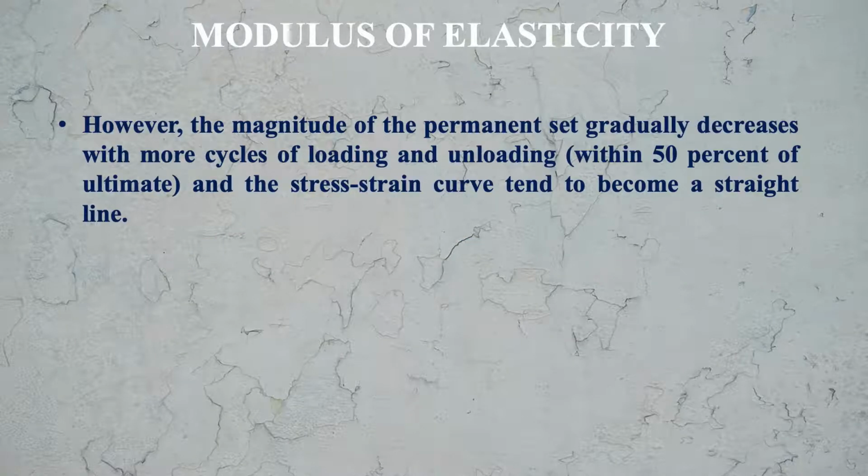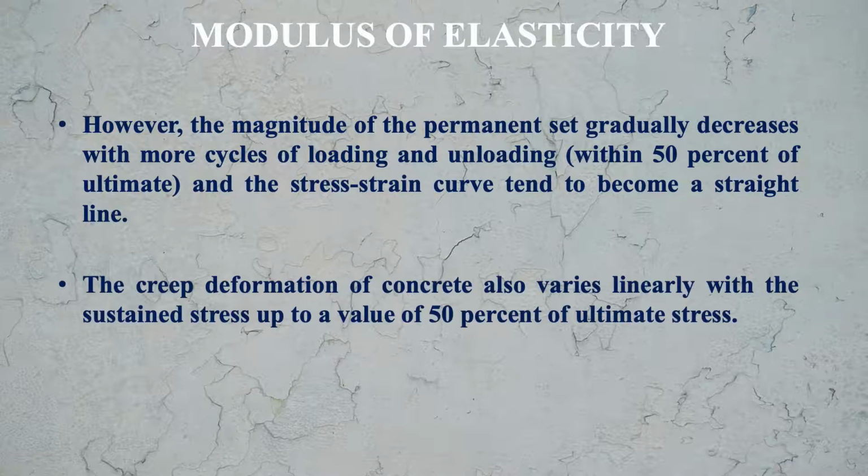The magnitude of permanent set gradually decreases with more cycles of loading and unloading within 50% of ultimate load, and the stress strain curve tend to become a straight line. The creep deformation of concrete also varies linearly with sustained stress up to a value of 50% of ultimate stress.